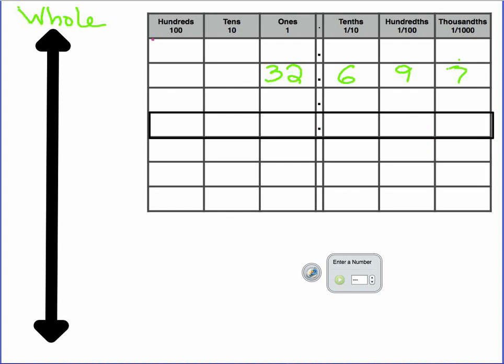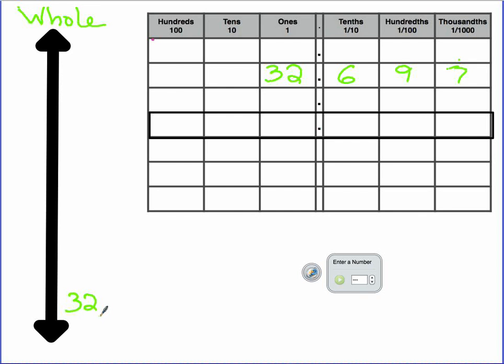And where am I going to write my 32? On the vertical number line of what part? Top or bottom? Yeah, oh my goodness. You are on a roll.